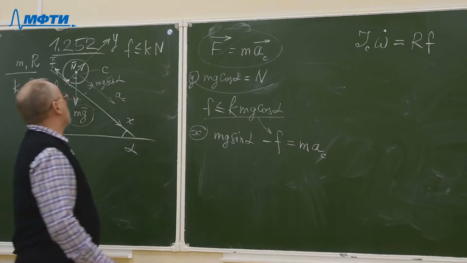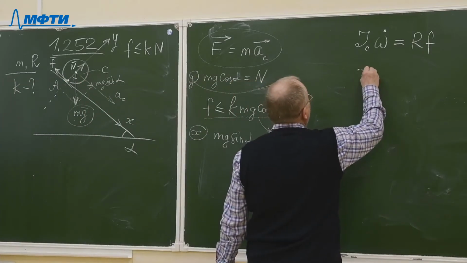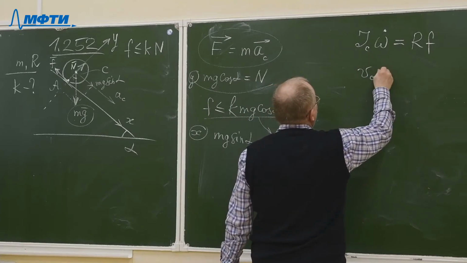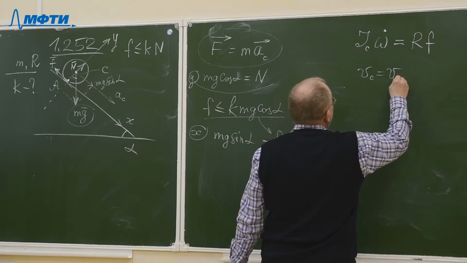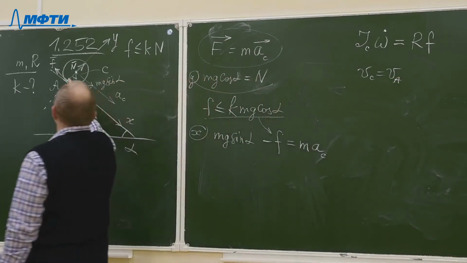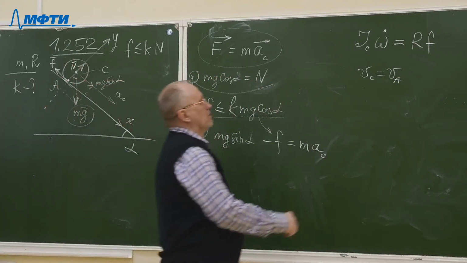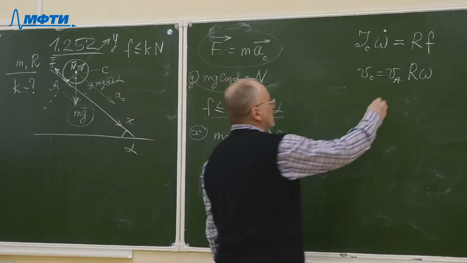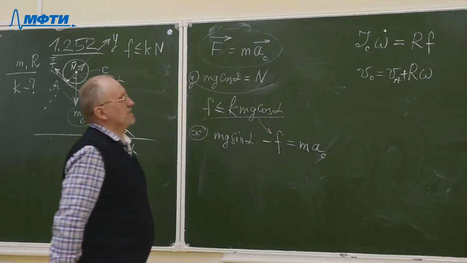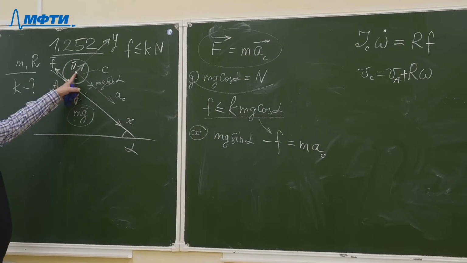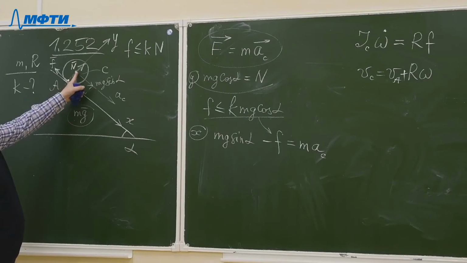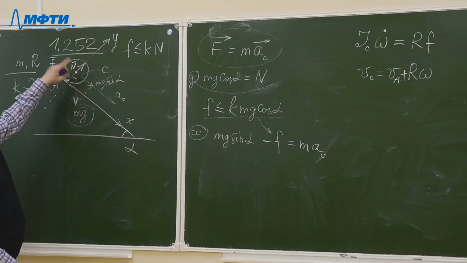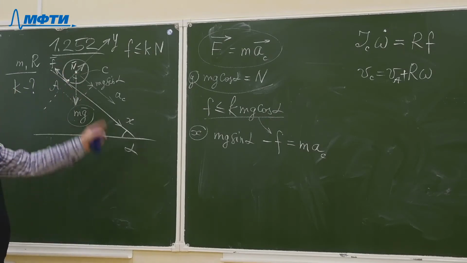So the velocity of point C will be given as the velocity of point A plus the velocity of the center of the sphere as calculated from point A, with respect to point A. That is r omega, and omega is the same for any point, for any axis.